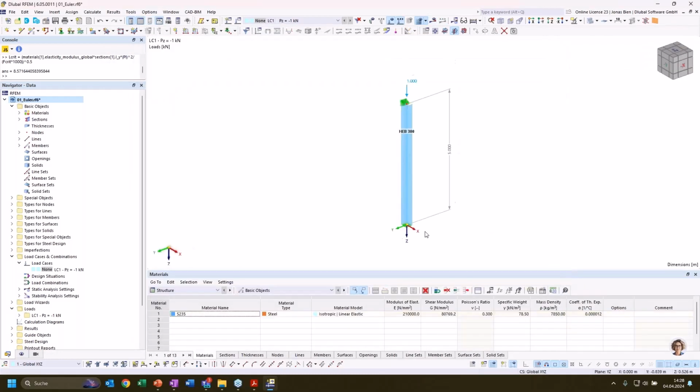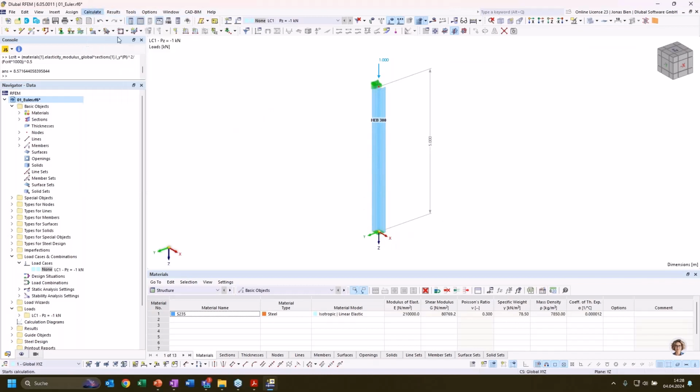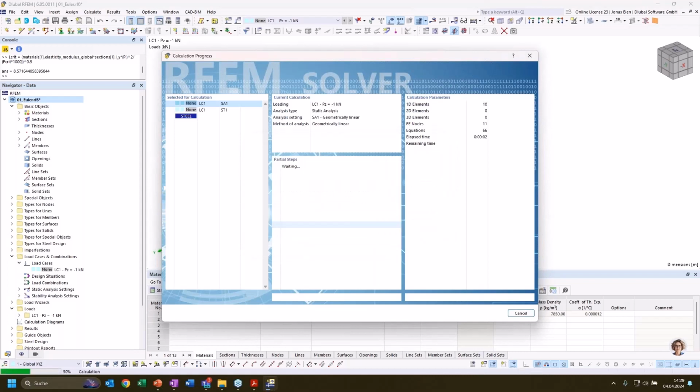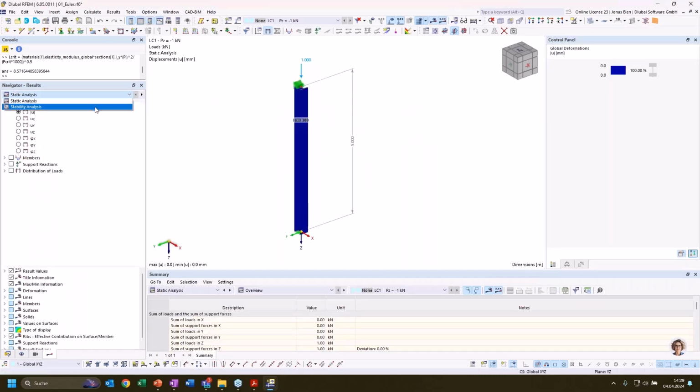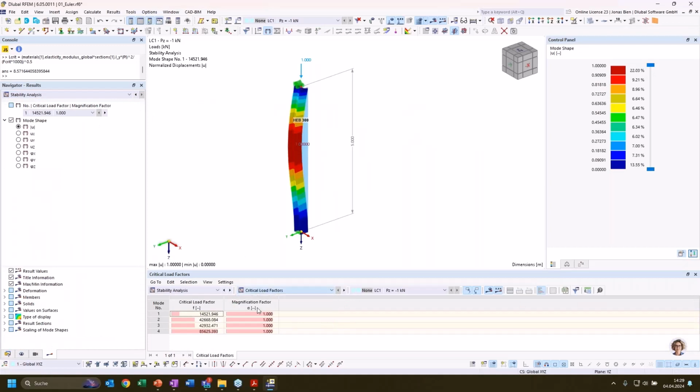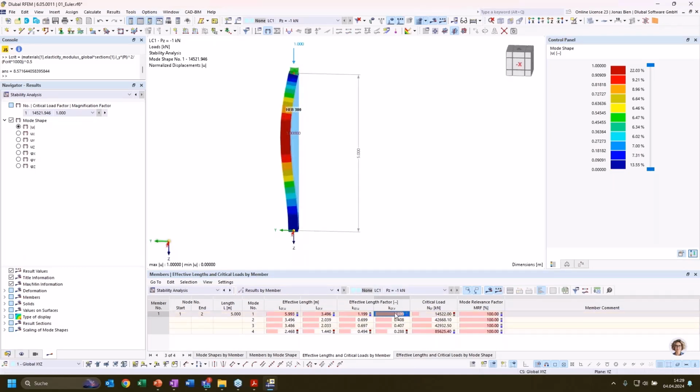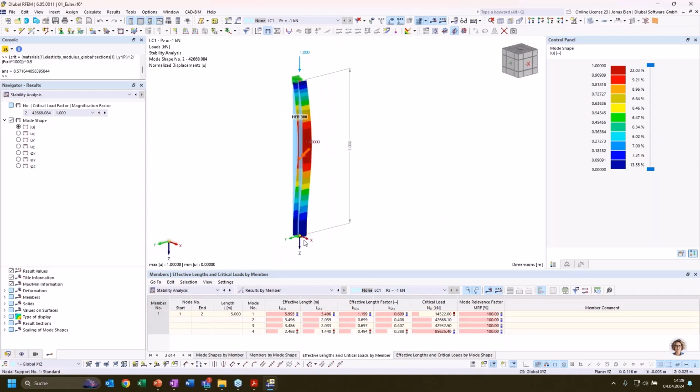So when I, for example, take a rigid boundary condition at the bottom of this column, it should now calculate a lower buckling length coefficient because the system resembles Euler case number 3. We know that here we would expect a buckling length coefficient of 0.7, and that's exactly what we get for the first mode shape for the weak axis and the second mode shape for the strong axis in this case.